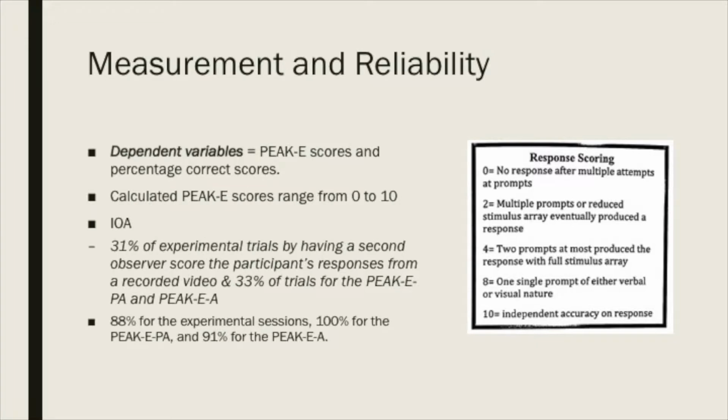Measurement and reliability. The dependent variables were the PEAK-E scores and the percentage correct scores. Calculated PEAK-E scores range from 0 to 10. As you can see here, there's the response scoring.